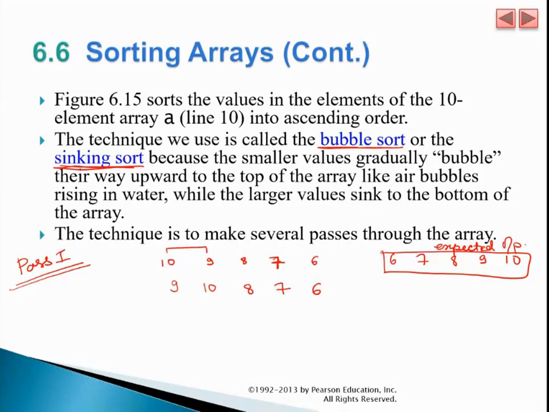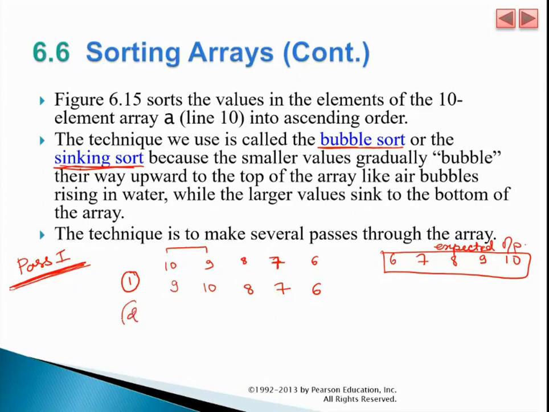If this is not the case, then we will do nothing and just go to the next iteration. But for now let's consider this example. We have switched these. In pass 1, in the first round, these two elements get switched.